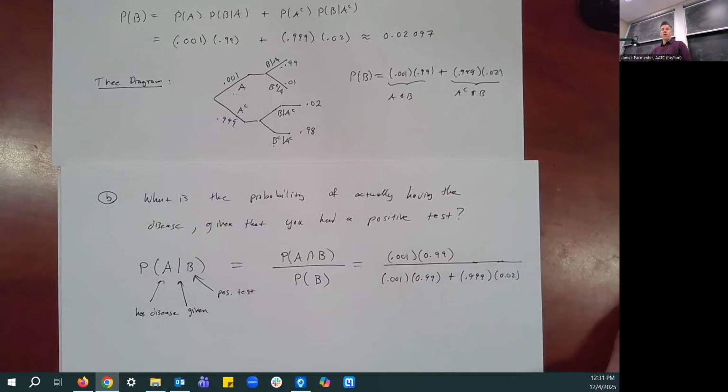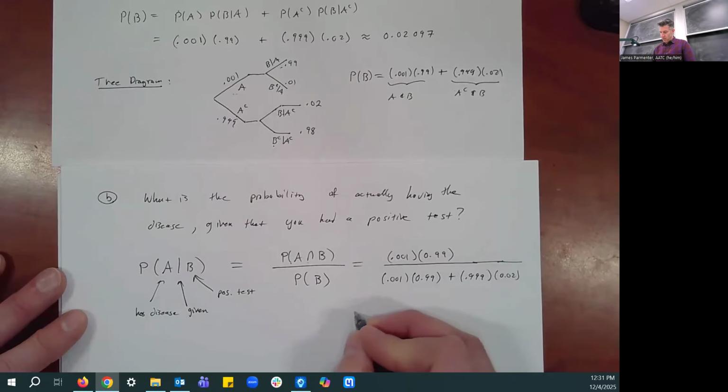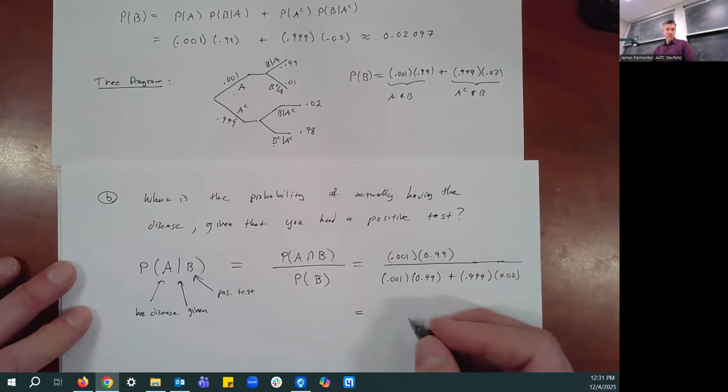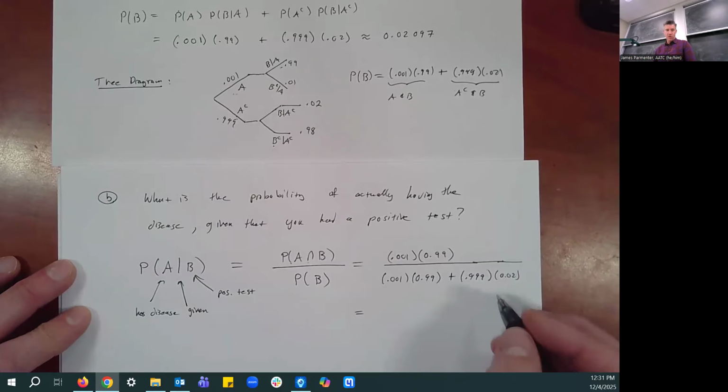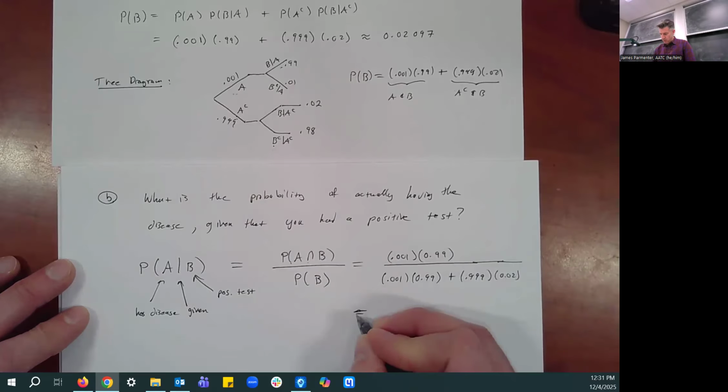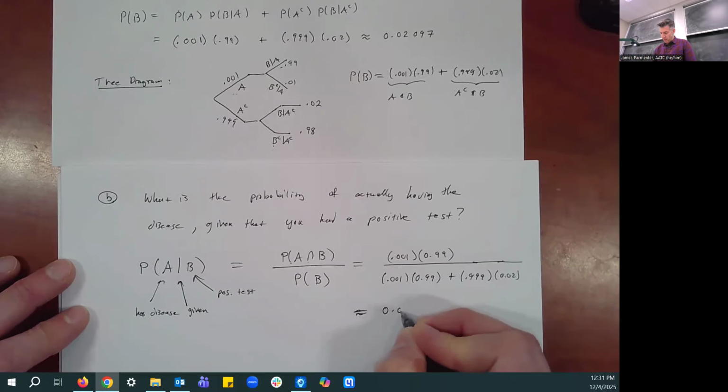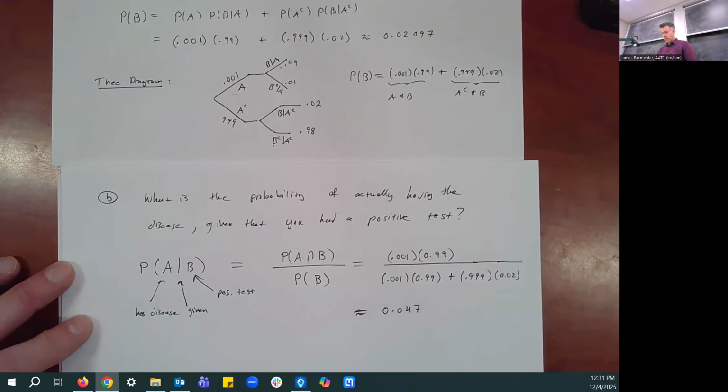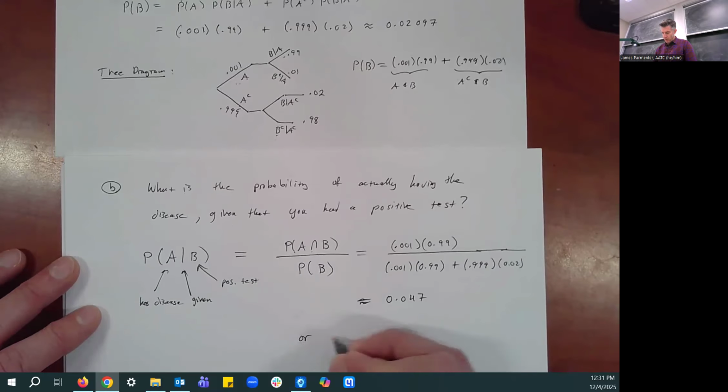Or writing it out, well, actually, we'll talk about the numbers, then we'll write the formula. So this is going to be approximately 0.047, or in other words, about 4.7%.